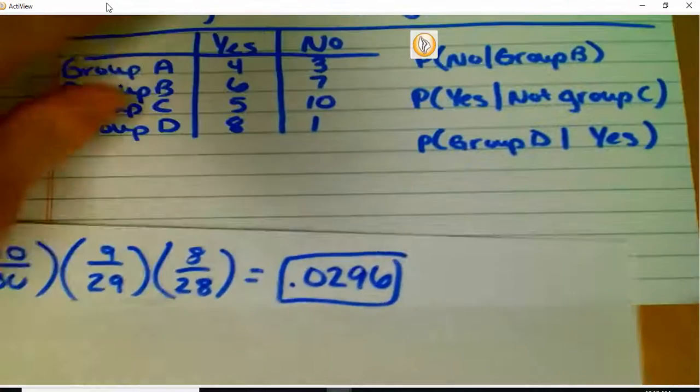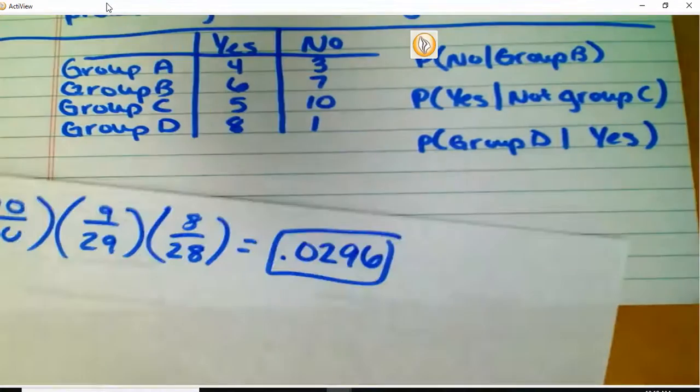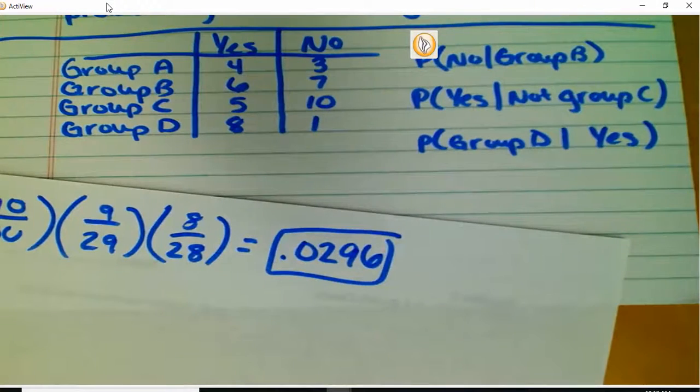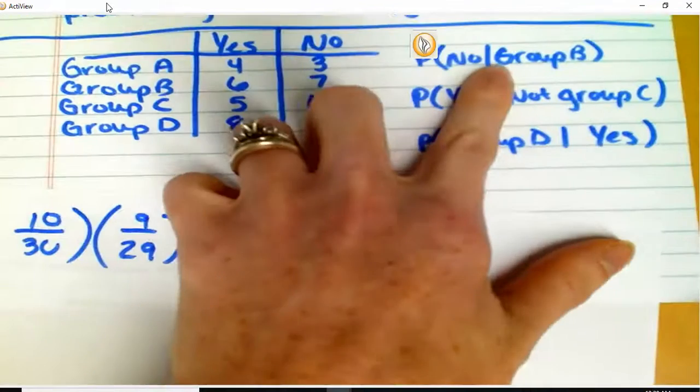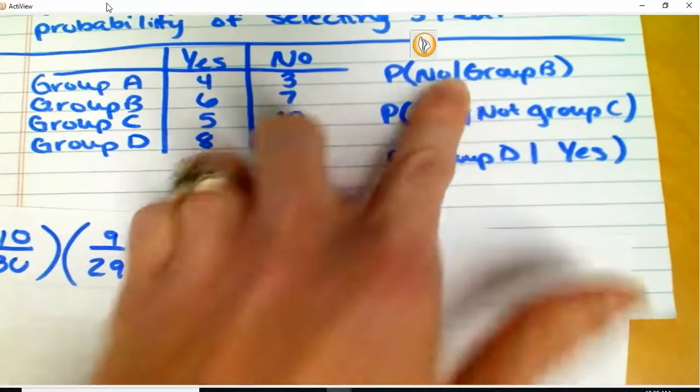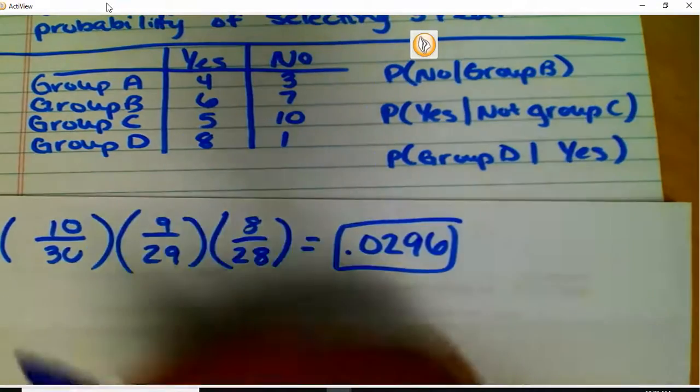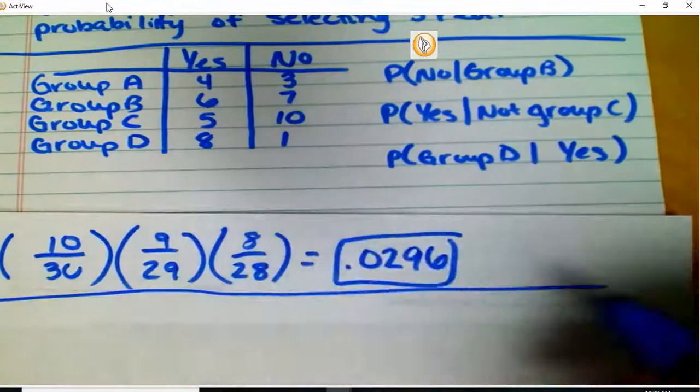Alright, let's look at this table. I put the conditionals on here because that's what I felt like you guys really struggled with the most when we looked at those. So, when I give you something like this, no given group B, what goes on the bottom?